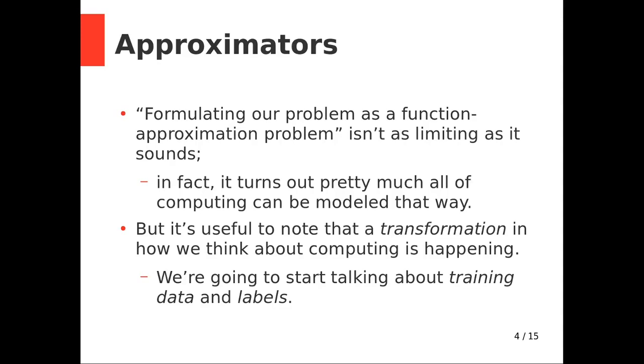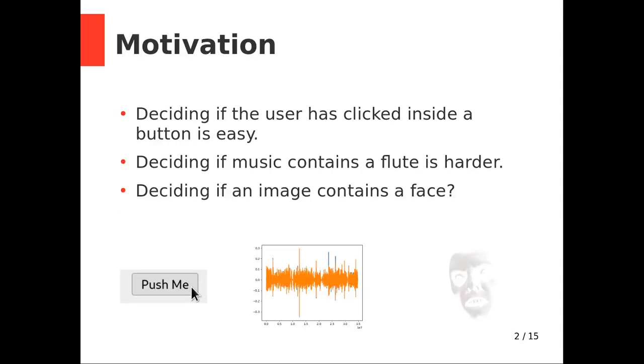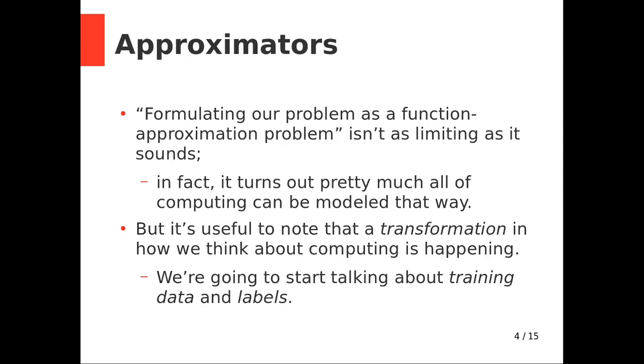We're moving away from a world where we write code like, for patch in image, and I'm writing an explicit algorithm that we can understand, to a world where we're going to start thinking about training data, right? And labels, and then training a learning agent on this data.